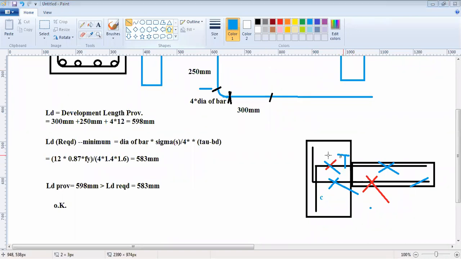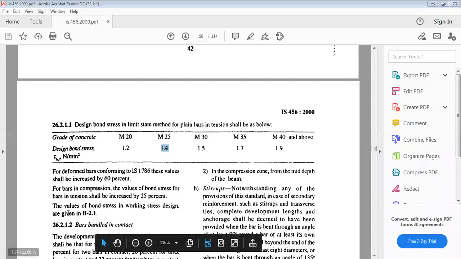Why? Because this is in tension and concrete is weak in tension. Thereby the LD to be provided, you will say that it is mentioned here in the code, you are taking a greater value, you have to take a greater value for bars in compression. The value of bond stress has to be 25% more than in tension.